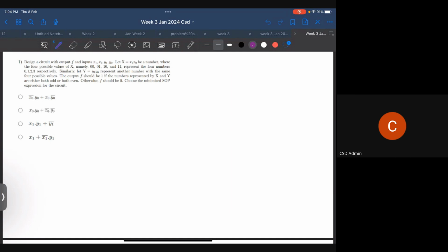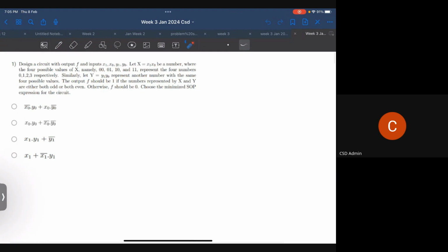The first question is: design a circuit with the output f and inputs x1, x0, y1, and y0. Let x be a number x1 x0, where the four possible values of x, namely 00, 01, 10, and 11, represent the four numbers 0, 1, 2, 3 respectively.